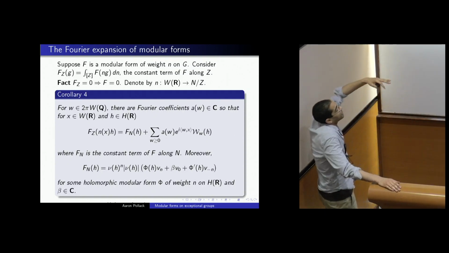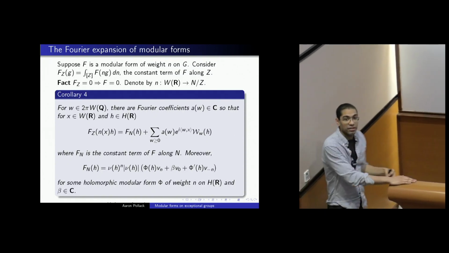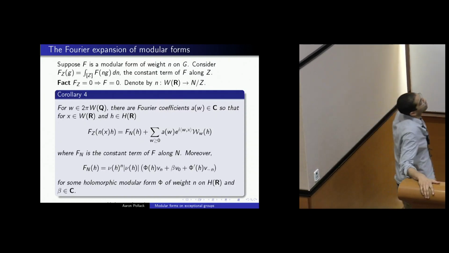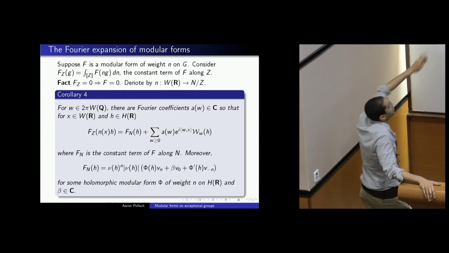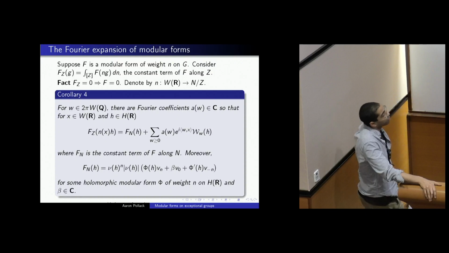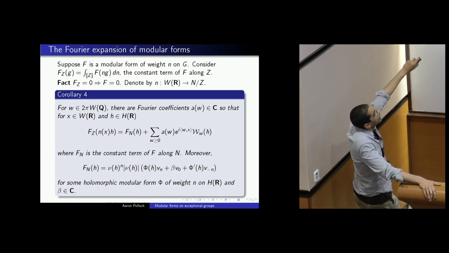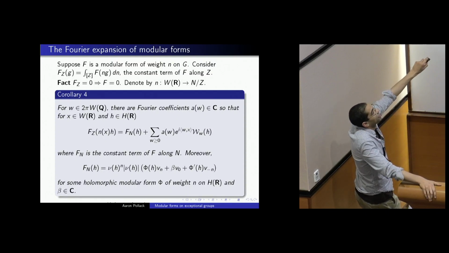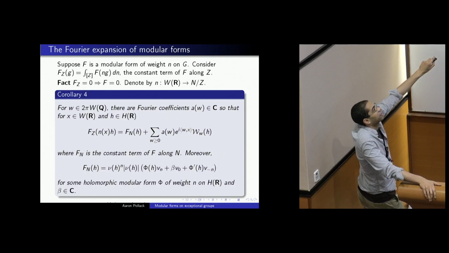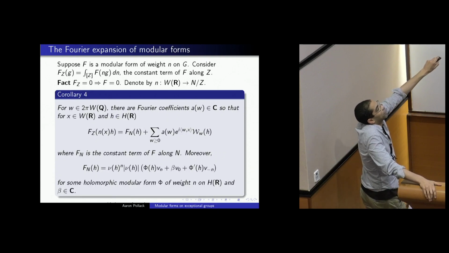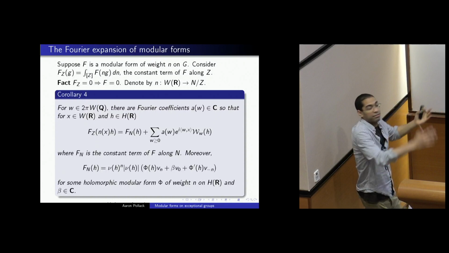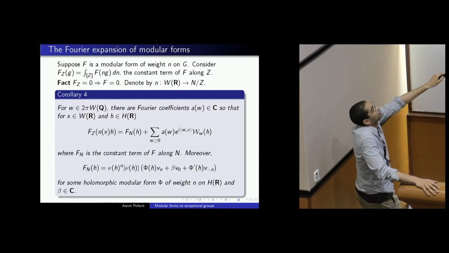So once you take this constant term, then you can Fourier expand along the abelianized unipotent radical. And so this corollary tells you what that Fourier expansion looks like. Okay, so this is just notation. Denote by n the identification of this W, which is just some symplectic vector space, with the abelianization of the unipotent radical.